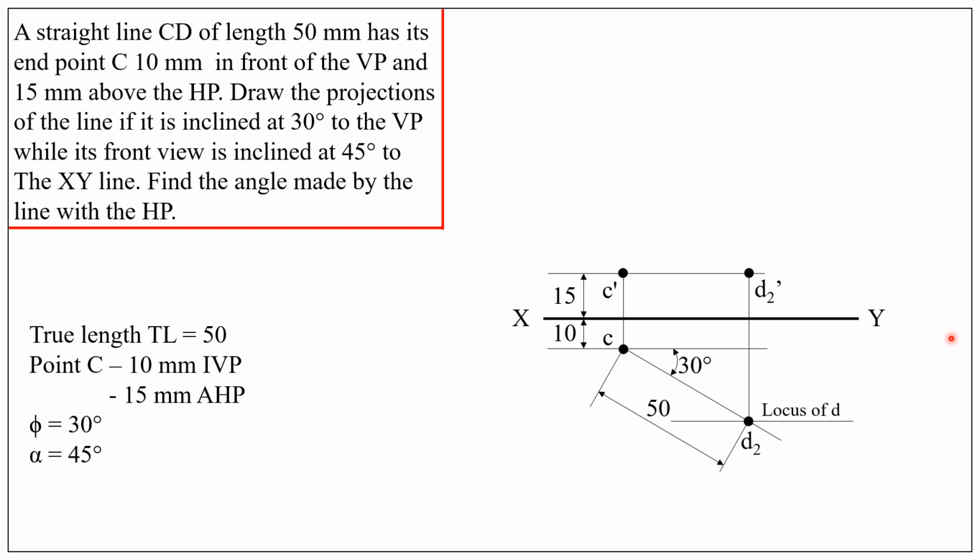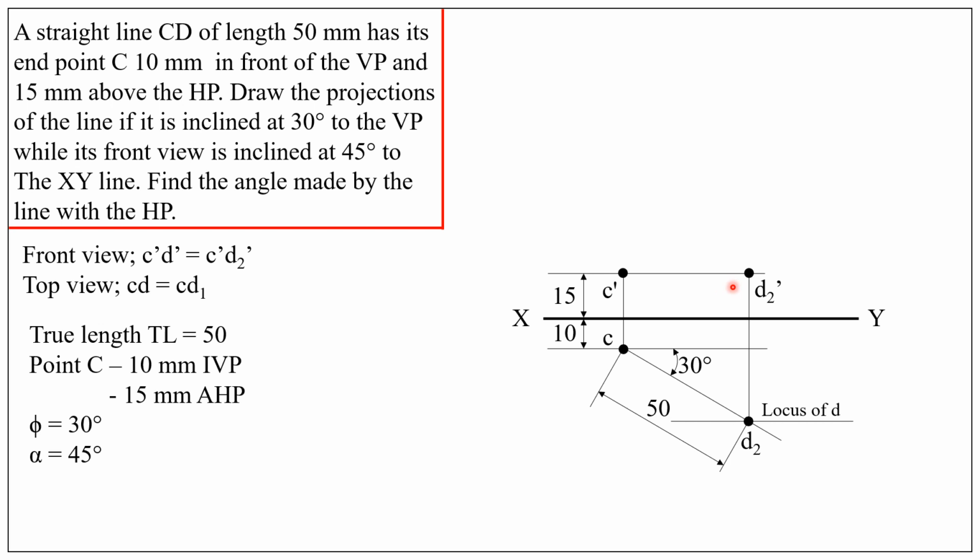We know the actual front view C dash D dash is equal in length to C dash D2 dash. So now we know the length of the front view.